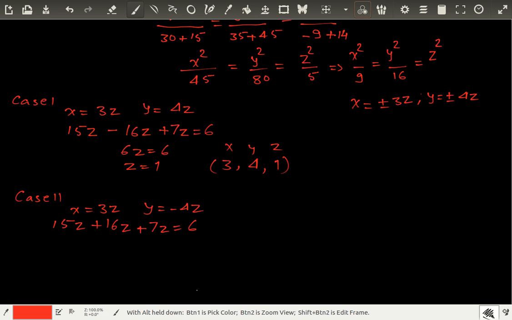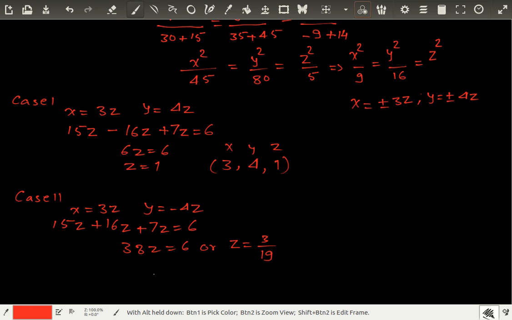Okay, and we get 15 plus 16 is 31, 31 plus 7 is 38. So 38z is equal to 6, or z is equal to 3 by 19.